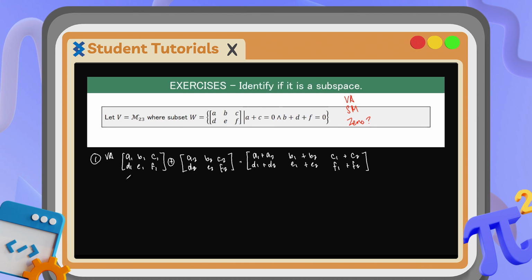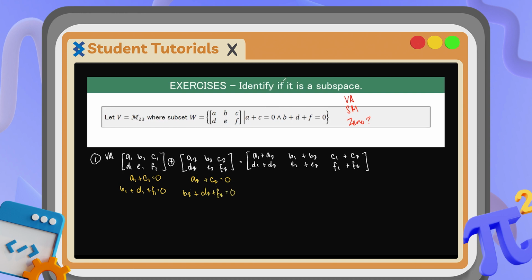So we have here a sub 1 plus c sub 1 is equal to 0, and b sub 1 plus d sub 1 plus f sub 1 is equal to 0, followed by a sub 2 plus c sub 2 is equal to 0, and b sub 2 plus d sub 2 plus f sub 2 is equal to 0.